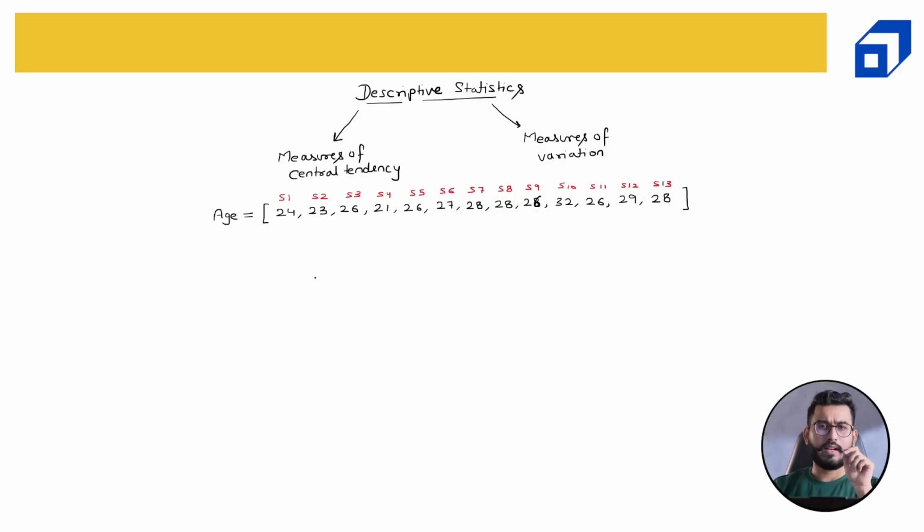Well, we would try to extract that particular number which lies in the center of the data, so that we know that below this number, so assume that this pen is the center of the data, I know that below this point I'm having few observations or few students, and above this point I'm having few students, and it will give me a better idea about how my data looks like, right? And that is what the measure of central tendency is.